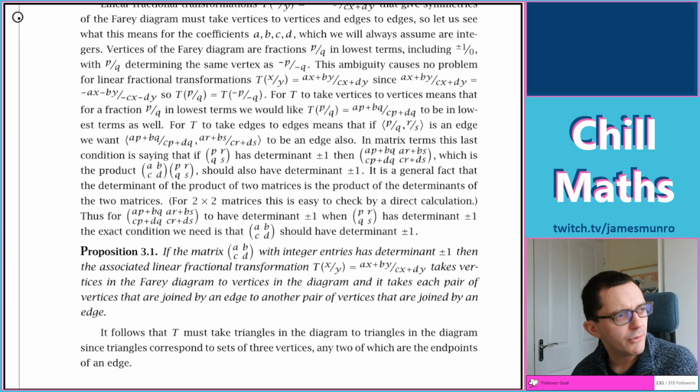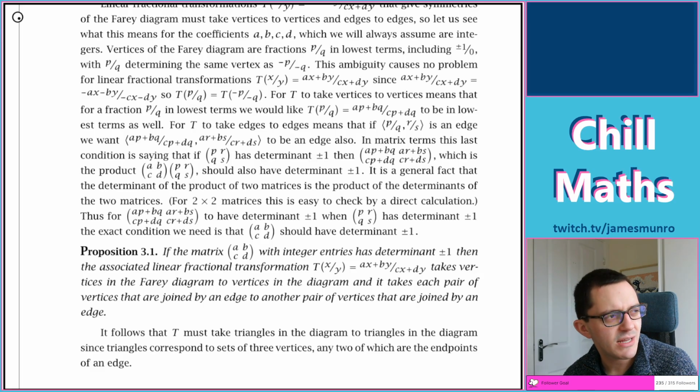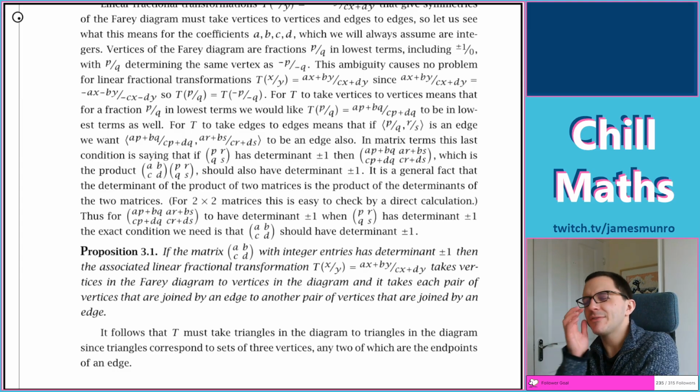What do I think is going on, really? Because that does correspond to a transformation of the unit circle, but that's not really what's happening, because the fraction on the label doesn't actually tell you where the point is. It's related. Anyway, it's going to take triangles to triangles. It's kind of like an abstract thing.